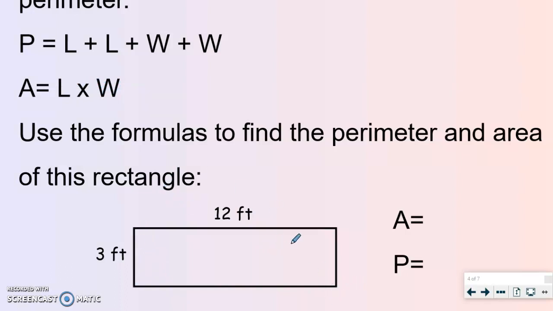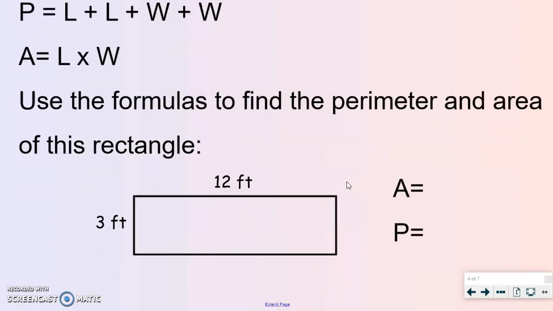So we're going to practice, again, review how to use these formulas to find the area and perimeter of this rectangle here. Okay, so remember, perimeter is length plus width plus width. If I know that this side is 12, I know that this side is also going to be 12 feet. And then I know if this side over here is 3, that this side will also be 3 feet.